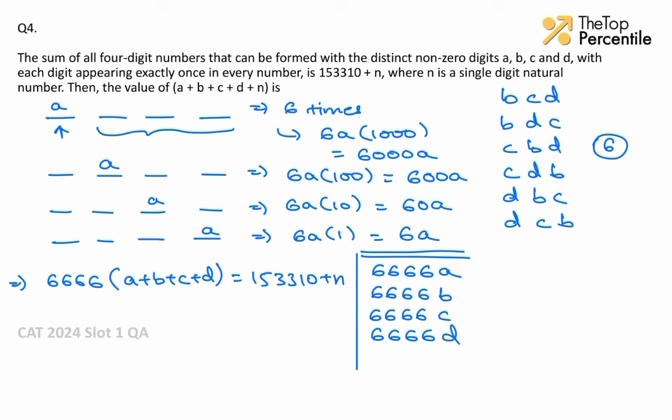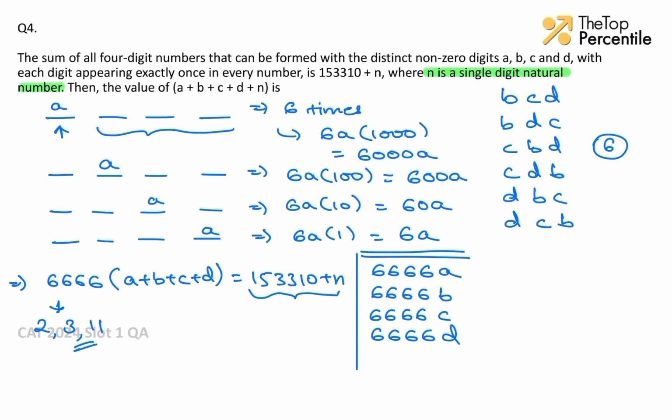Okay. So let's work smartly here, and we can figure out that in 6666 the factors are 2, 3, and also 11. So that means my RHS should also be a multiple of these numbers, and it's given here that n is a single-digit natural number.